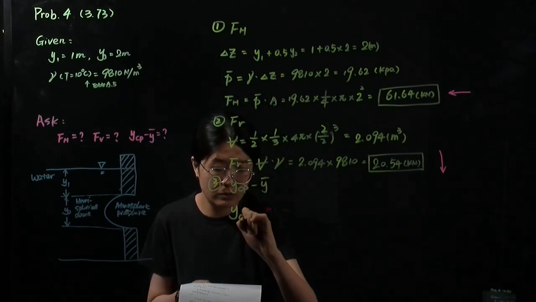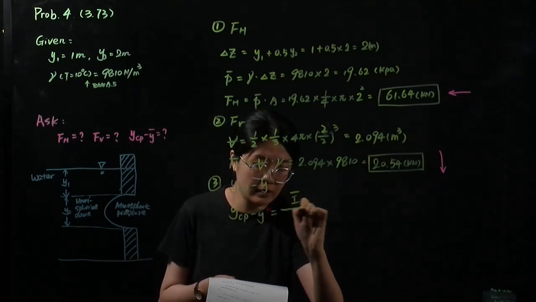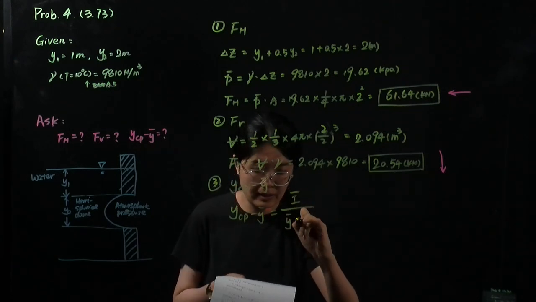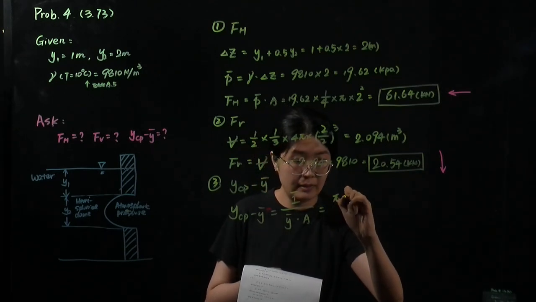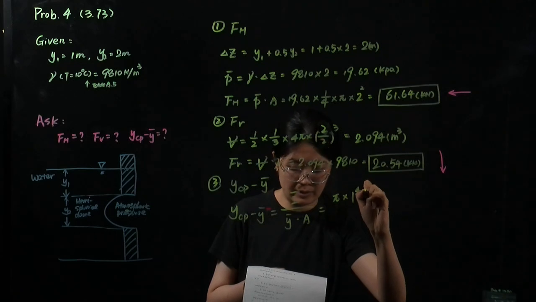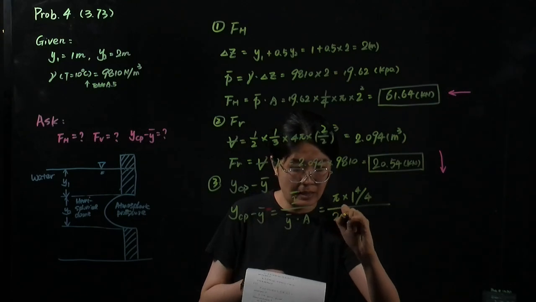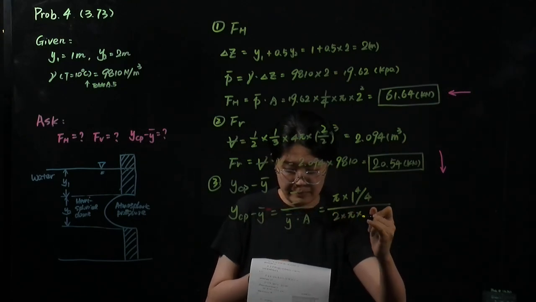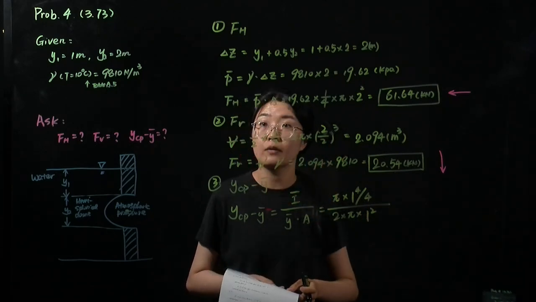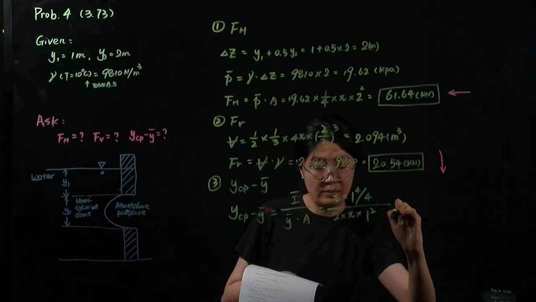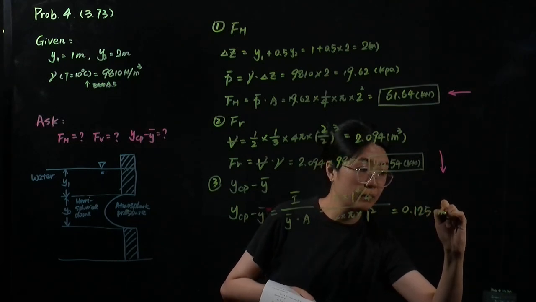So it should equal the area moment of inertia divided by y bar times A. It equals pi times 1 to the power of 4 divided by 4, and then divided by 2 times pi times 1 to the power of 2. So it equals 0.125 meter.